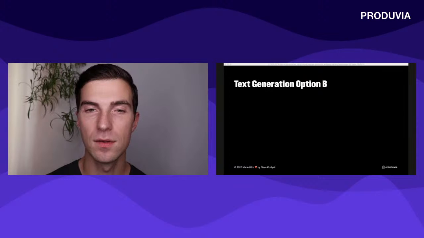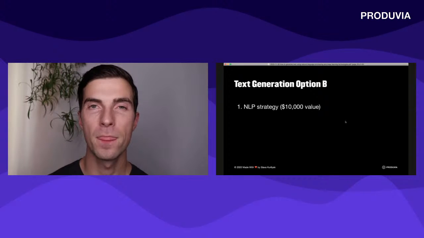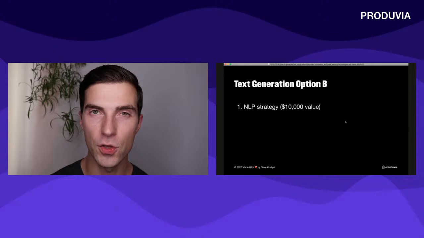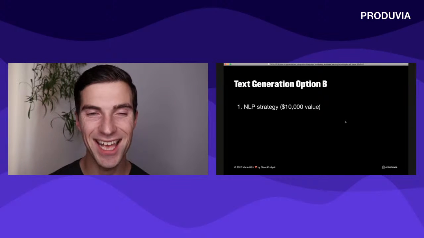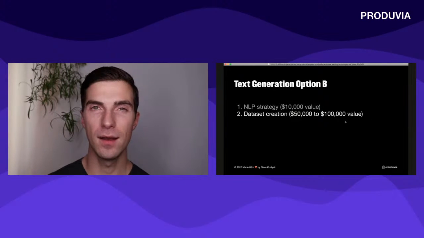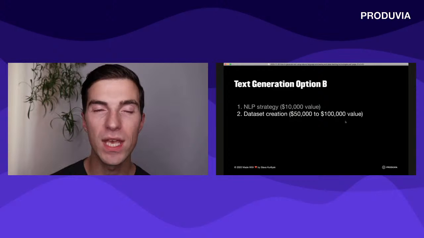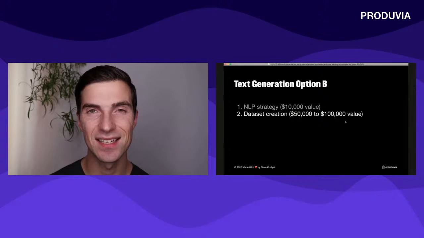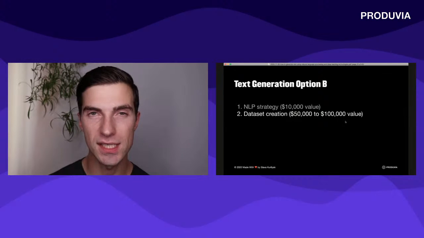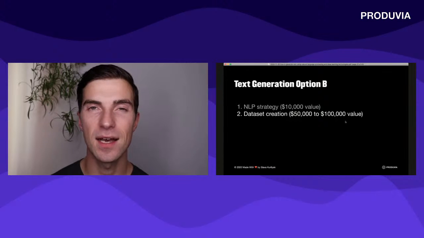What is option number 2? We offer you natural language processing strategy development, and my team and I at Produvia can create a data set just for you. This is at least $50,000 to $100,000 value.